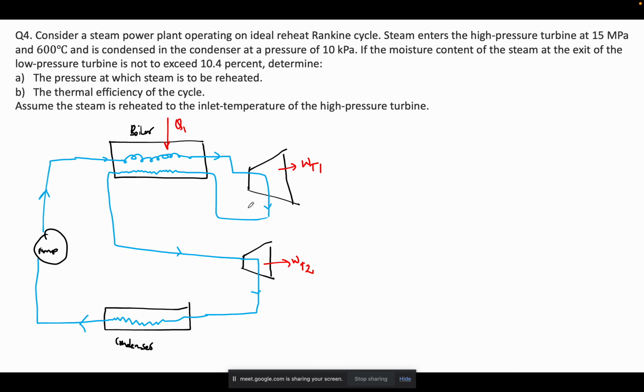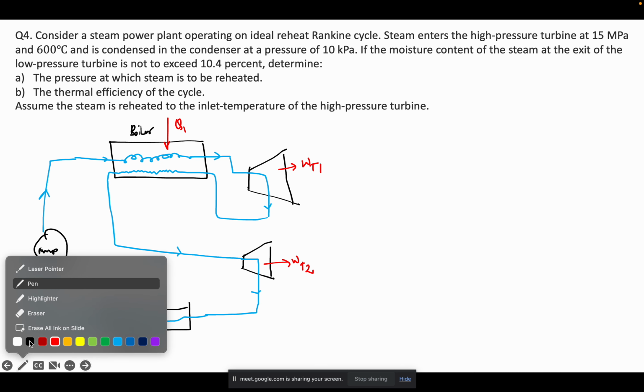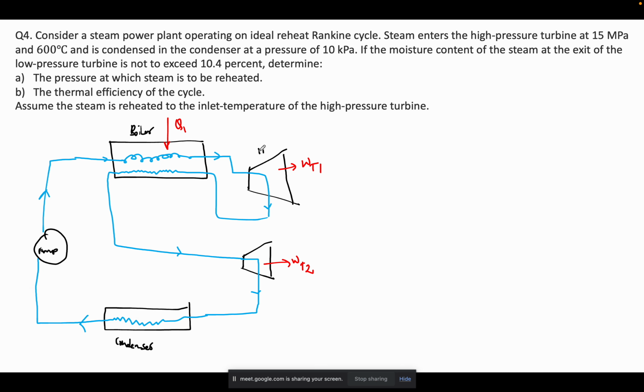Since the pressure at this turbine is higher than the pressure at this turbine, this is called the high pressure turbine, and this is called the low pressure turbine, because the operating pressure of this turbine is higher than the operating pressure of this turbine.